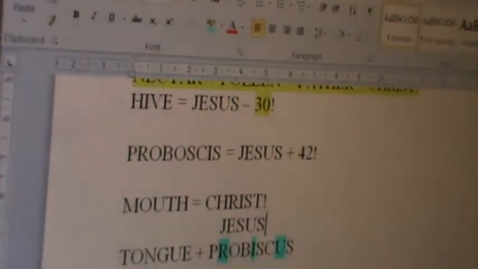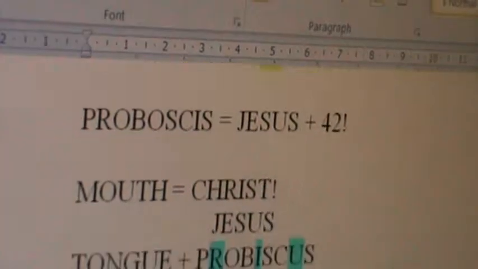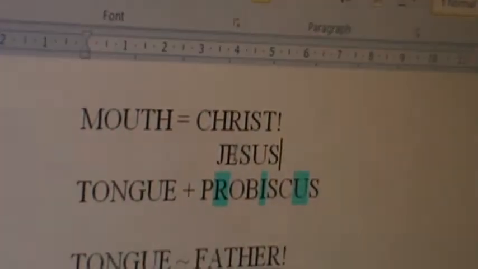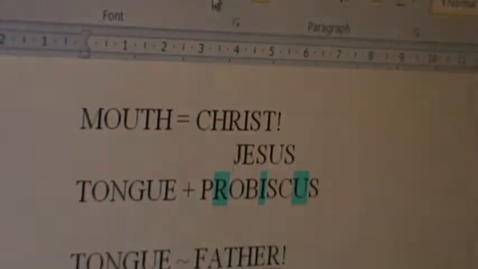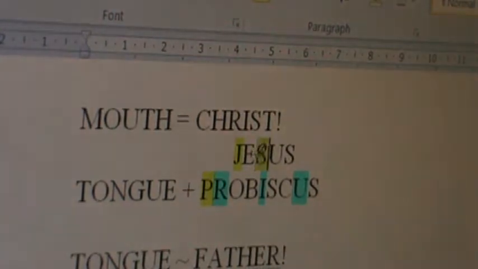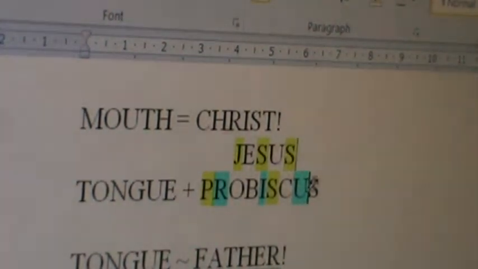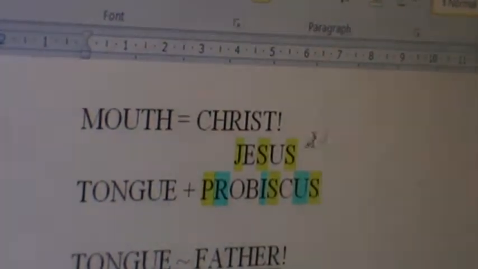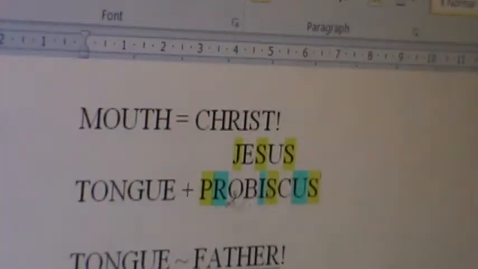Okay, we're solving major insect body parts here. So watch this. The J and the P, plus 1's right at the front, and then S equals the S, very obvious. Okay, this all equals Jesus, what's left over from the blue.